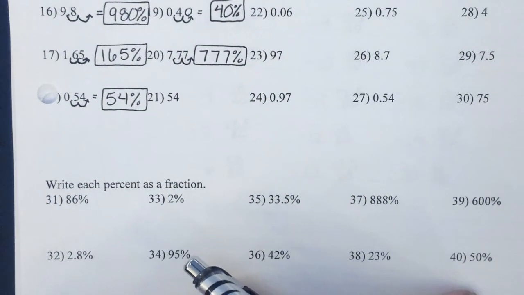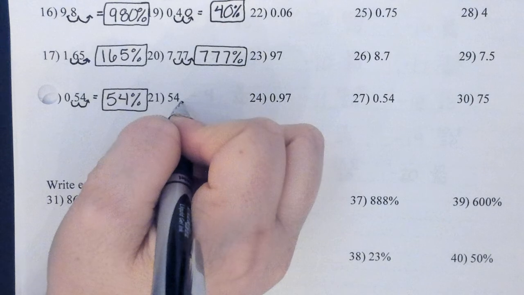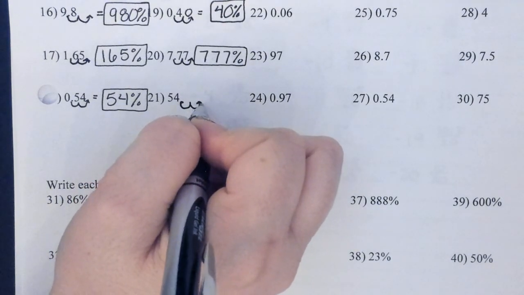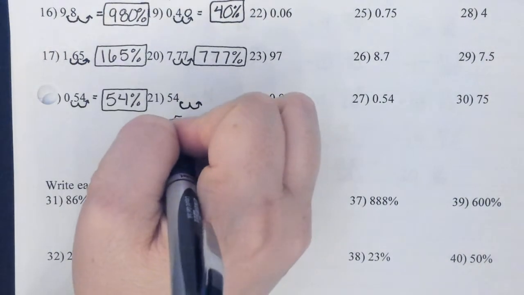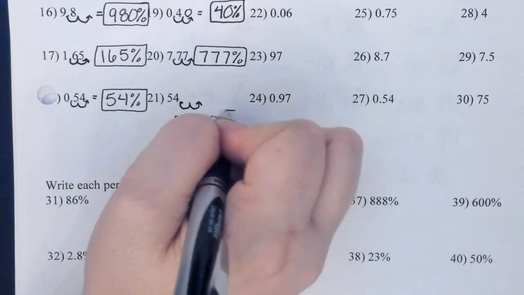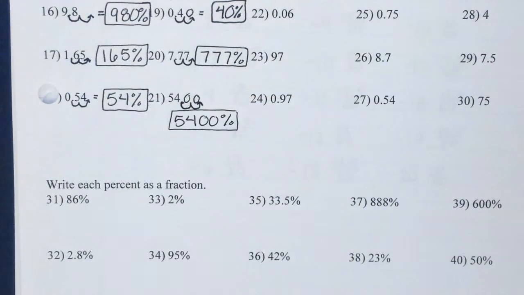Does it have a decimal? No, so I'm going to put it at the end. And how many places am I still going to move over? 2. 1, 2. Raise your hand if you think you can tell me how I would write that percentage. Carrie? 5,400%. Because we had to add 2 zeros in those empty scoops.